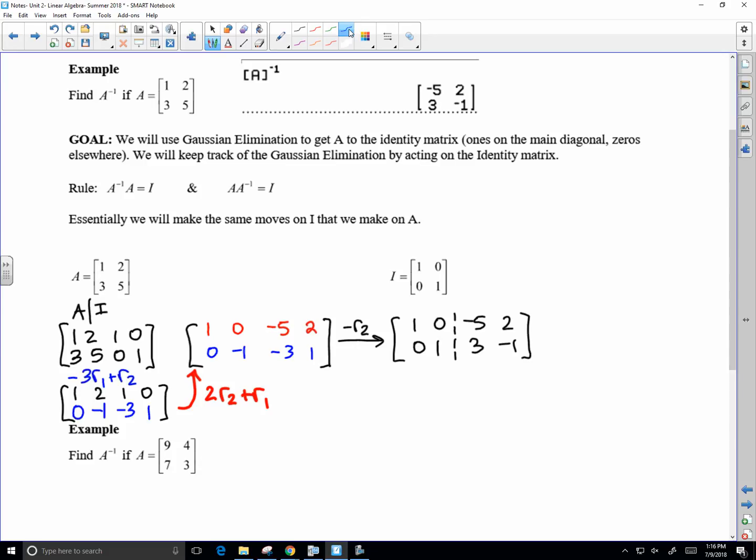And so therefore, the inverse of A would be negative 5, 2, 3, negative 1. Very simple, very easy, with a 2 by 2 matrix.